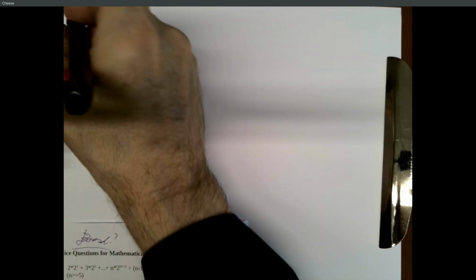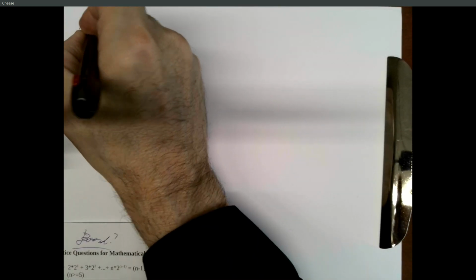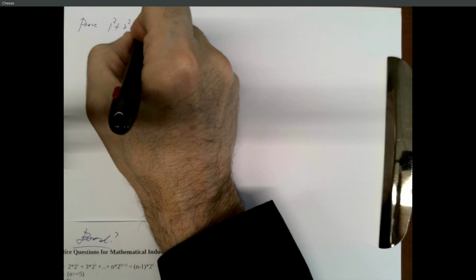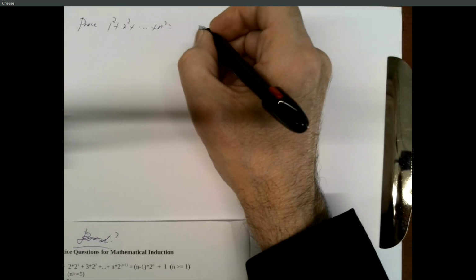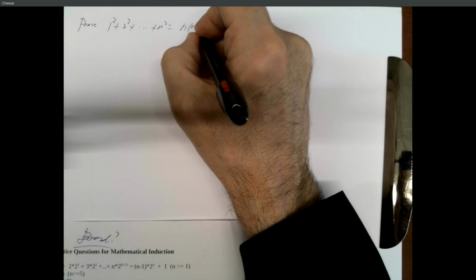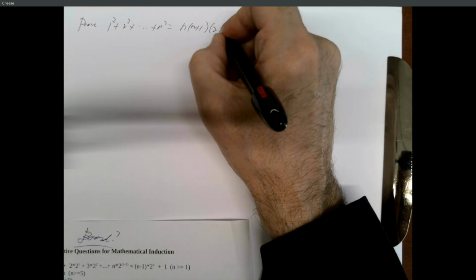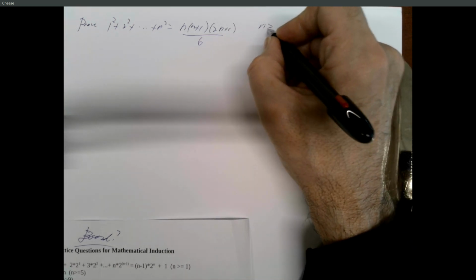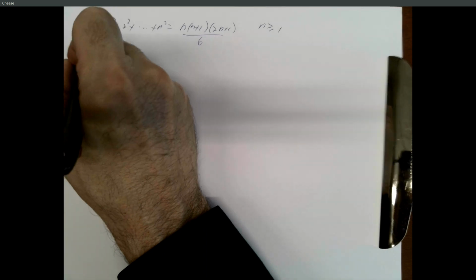It's a similar setup to a lot of the other ones we've seen. So prove 1 squared plus 2 squared plus up to n squared equals n times n plus 1 times 2n plus 1 over 6, where n is bigger than or equal to 1. Right? Start with a proposition.